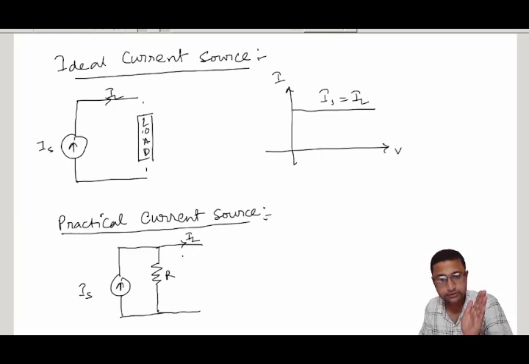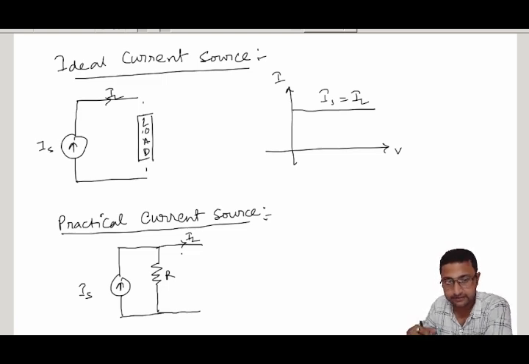When there is any change in load voltage, the current delivered by the source also changes. It is because the increase in load voltage forces extra current to be drawn from the source to flow to the load terminal, which means there is a decrease in output current.